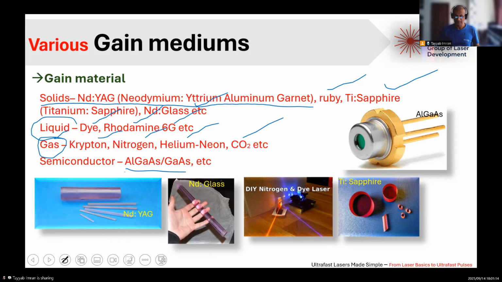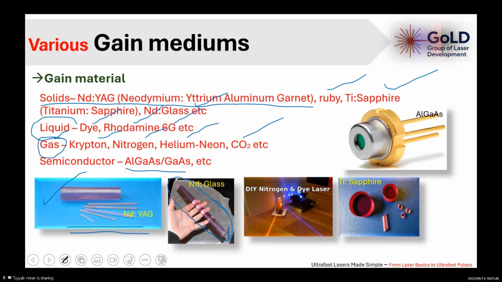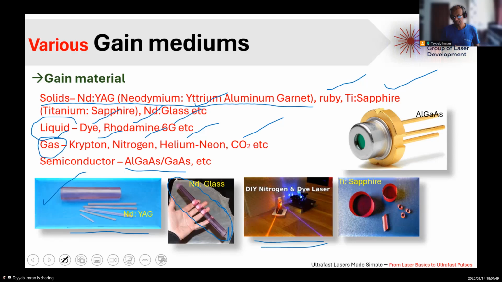Okay, and this is Nd:YAG. This medium looks like a rod. And I mentioned this already in the last lecture: dopant and host. The dopants are important. Without dopant, we cannot have laser action. This is the Nd:glass, and here you see a nitrogen laser and a dye laser.